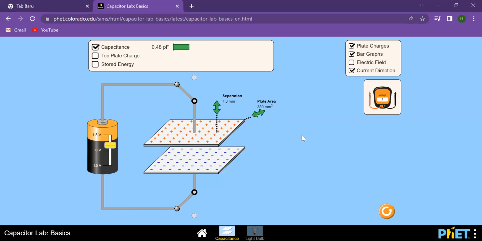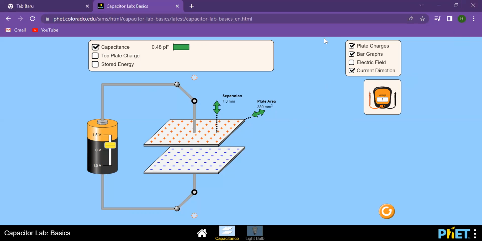Okay, students, this is our lesson regarding capacitance of a capacitor. Next time, I will create a video regarding how we determine the capacitance of a capacitor through the formula.